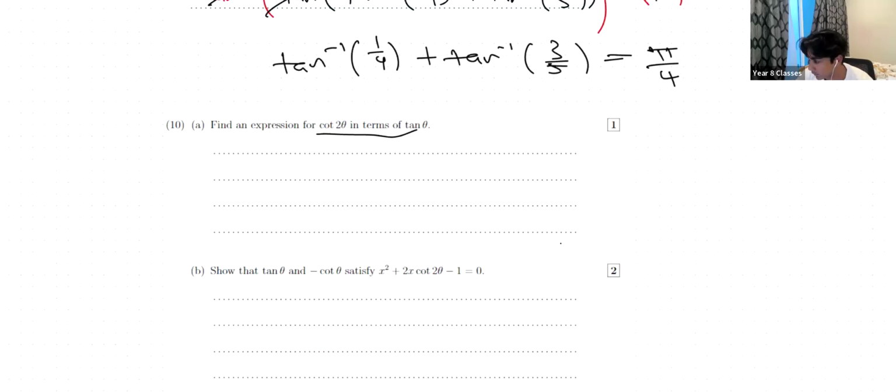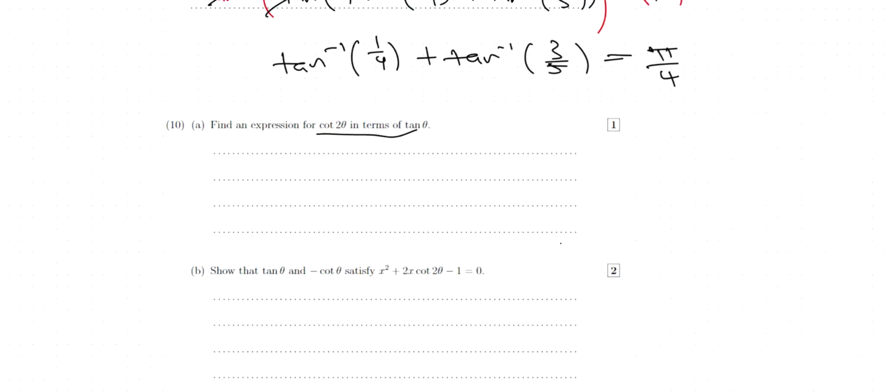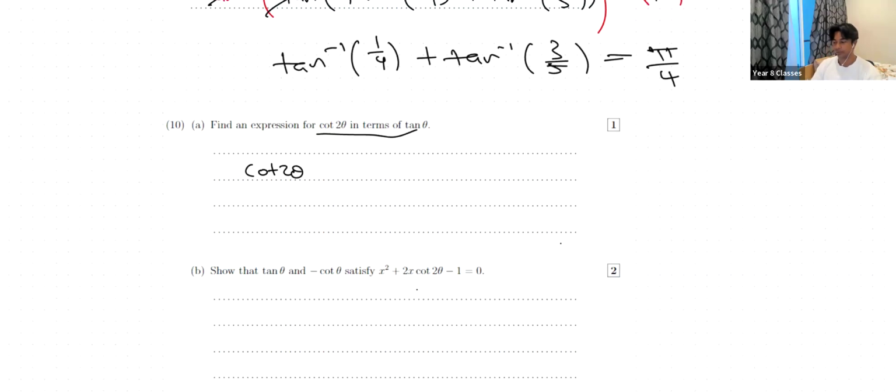But how might we start thinking about this? Could we make the cot 2 theta... What's the relationship between cot and tan?